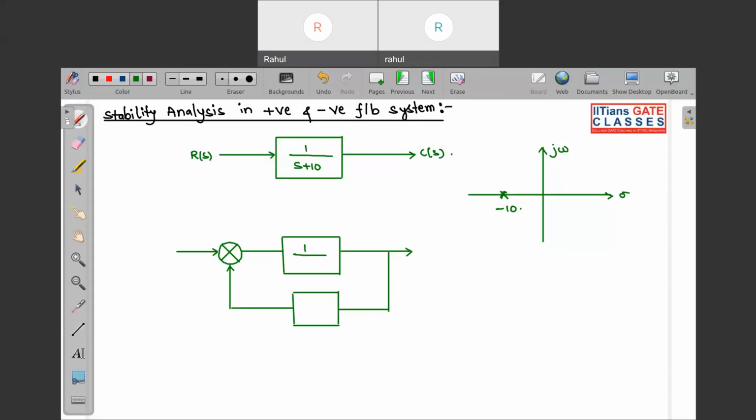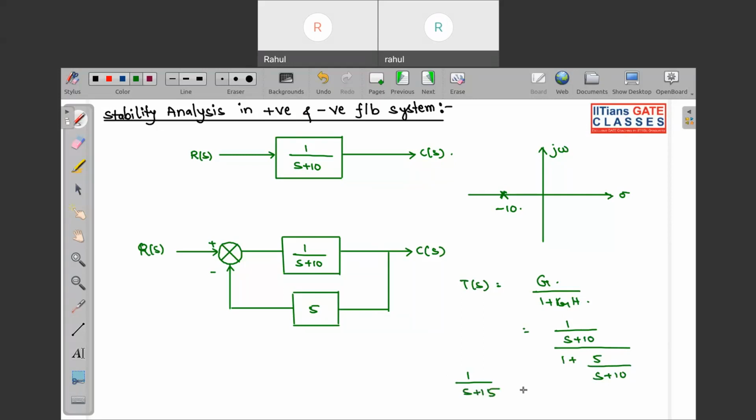So this is a negative feedback system, and here I have taken 5. Then the transfer function is G divided by 1 plus GH, that is 1 by s plus 10 divided by 1 plus 5 divided by s plus 10. So this will be equal to 1 divided by s plus 15.